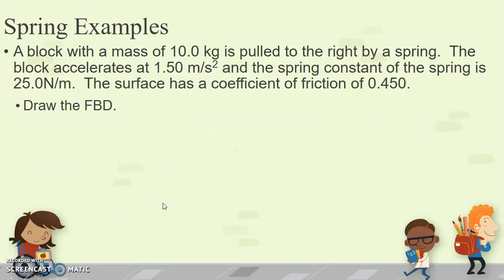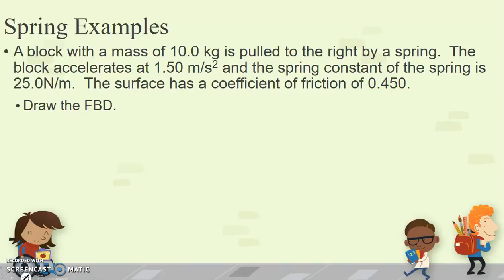Alright, so a block with a mass of 10 kilograms is being pulled to the right by a spring. The block accelerates at 1.50 meters per second squared, and the spring constant of the spring is 25.0 newtons per meter. The surface has a coefficient of friction of 0.450.